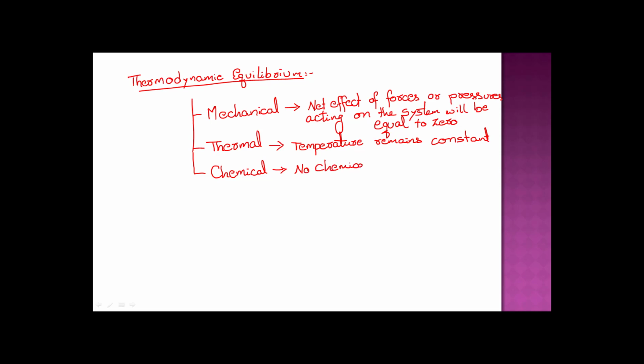If a chemical reaction takes place, we know that heat may be liberated or absorbed during the reaction, and as a result the system cannot be in thermodynamic equilibrium. So this is about thermodynamic equilibrium.